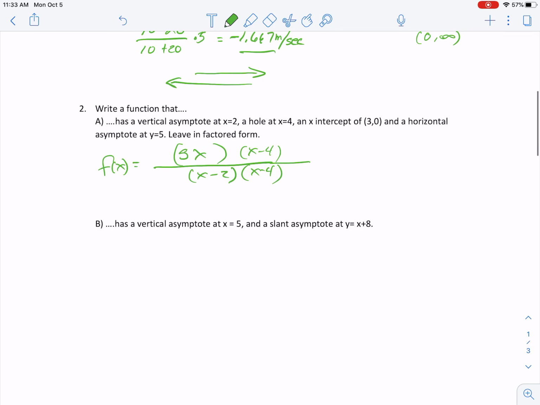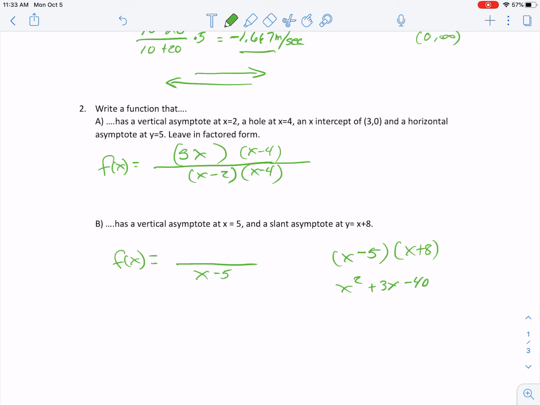Has a vertical asymptote at 5 and a slant asymptote at x plus 8. So the bottom has to be x minus 5. If you want a slant at x plus 8, it has to be an x minus 5 times x plus 8, because when you multiply that, you get x squared plus 3x minus 40.